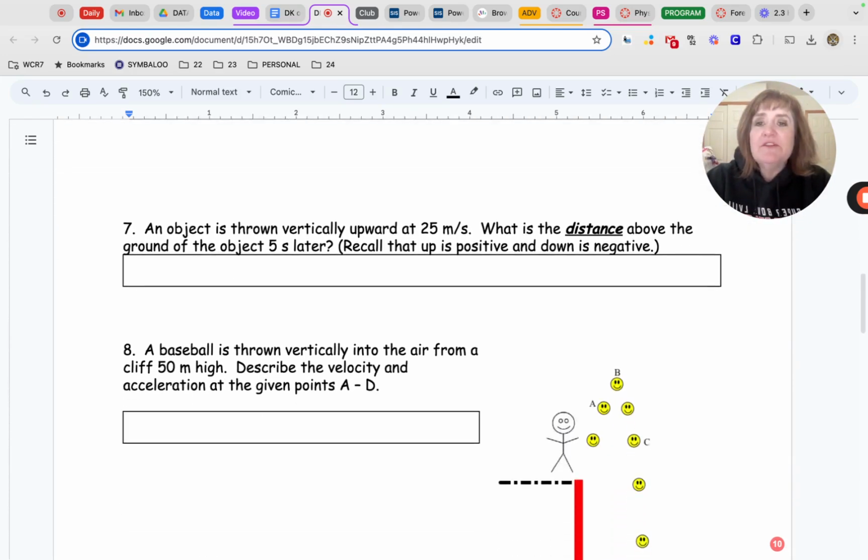Question 7, an object is thrown vertically upward at 25. What is its distance above the ground? y is equal to y naught plus v naught t plus 1/2 at squared.